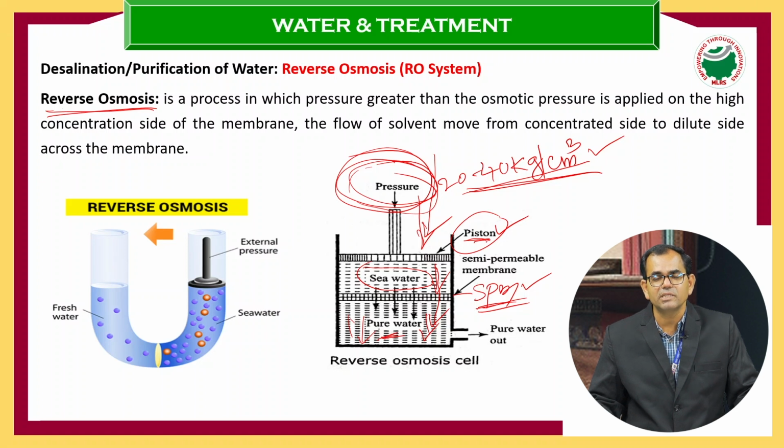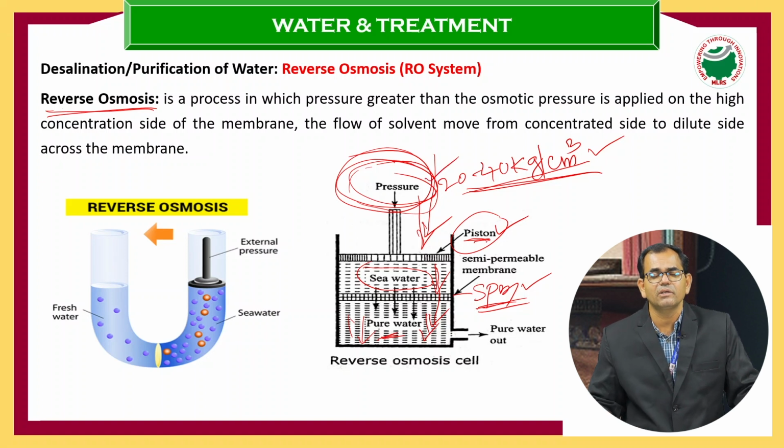Very simple. Now let us see reverse osmosis again. Before reverse osmosis, osmosis is the natural process. Without any pressure, water flows from low concentration to high concentration. That is osmosis. Whereas reverse osmosis does not happen spontaneously or naturally. So we apply pressure from the high concentration side.